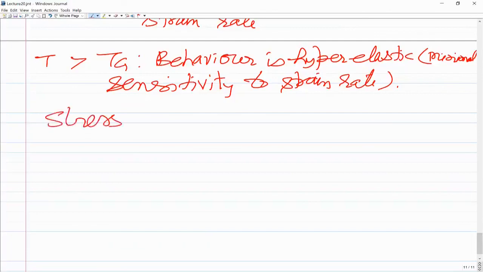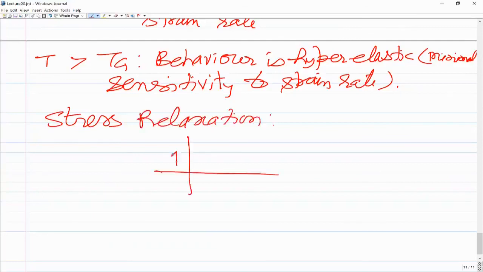So, stress relaxation. What happens in stress relaxation? Suppose you take a uniaxial sample, stretch it, and apply a constant strain. This axis is time t, and the vertical axis is strain.